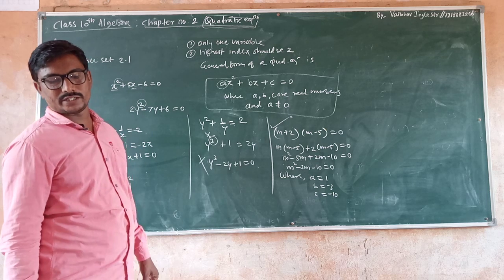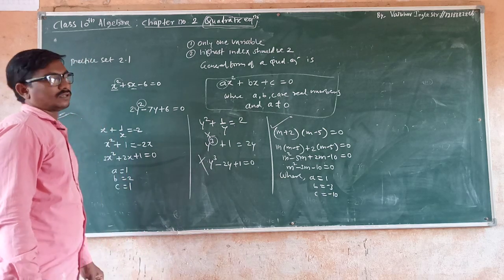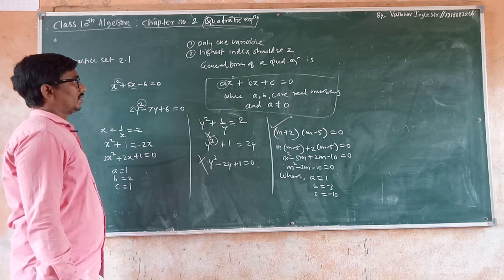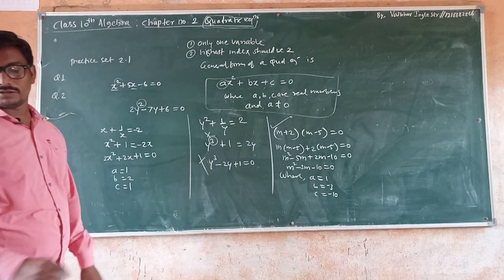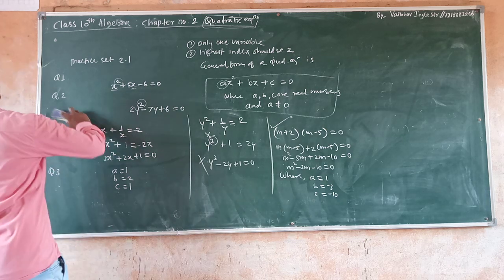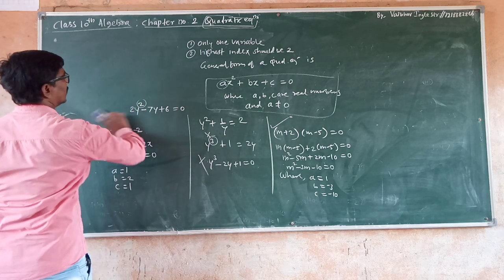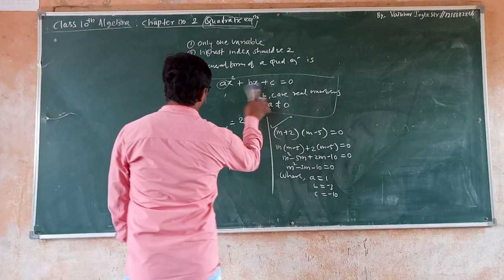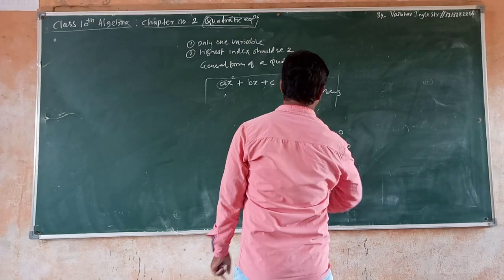Now the next question is to determine whether the values of the given variable are the zeros of the polynomial or not, or in another way, the roots of the quadratic equation or not. Now we have seen zeros of the polynomial in the previous standard.